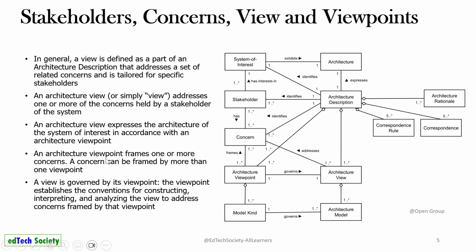Similarly, an architecture viewpoint frames one or more concerns, and a concern can be framed by more than one viewpoint. As you can see in the diagram, concerns are framed by one or more architecture viewpoints. So that's what this particular relationship is established with.